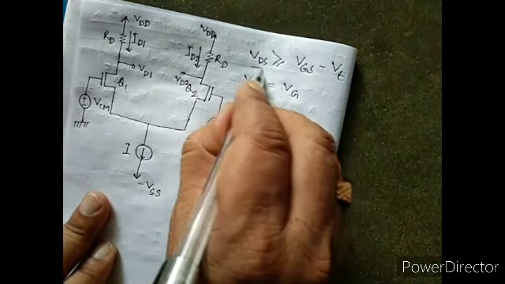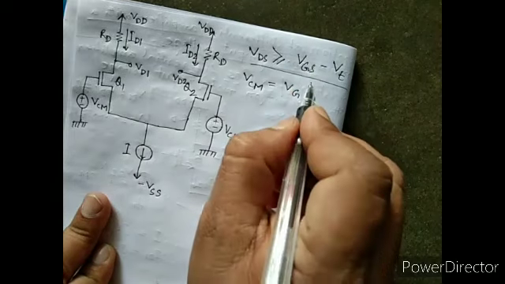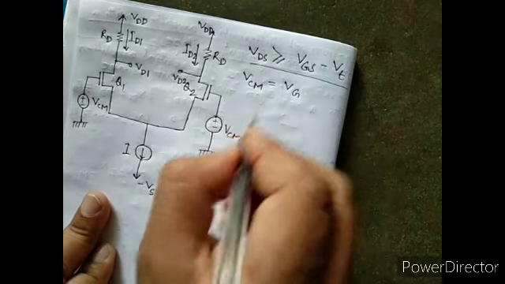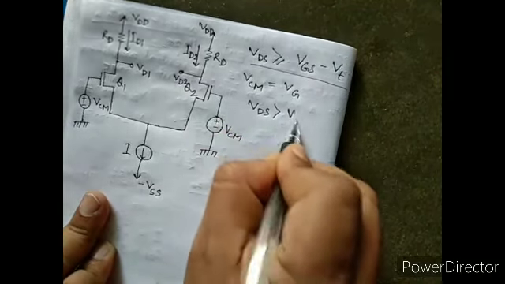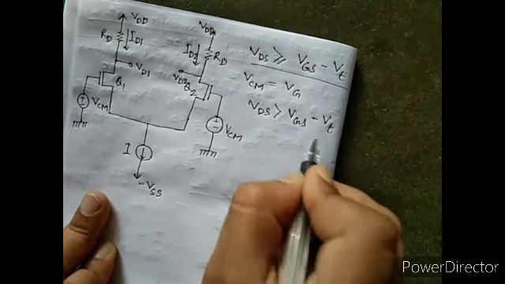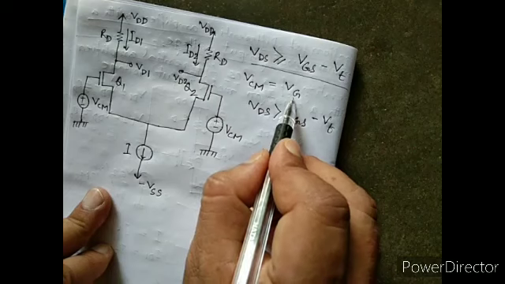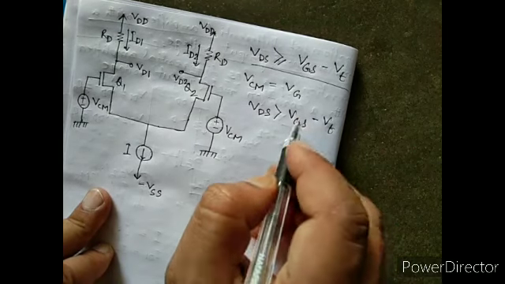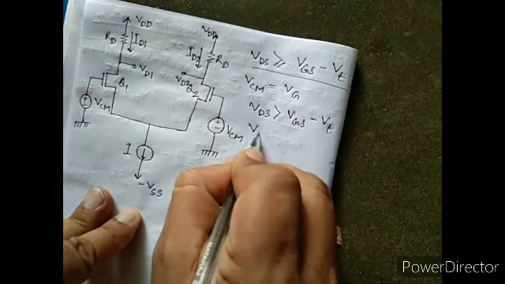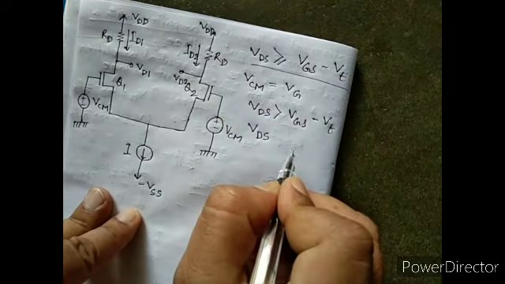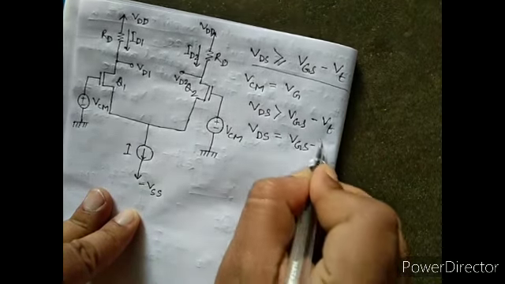Now if we increase VGS from the condition VDS greater than VGS minus VT, that means if we increase VG, then at some point the condition will arise when VDS equals VGS minus VT.